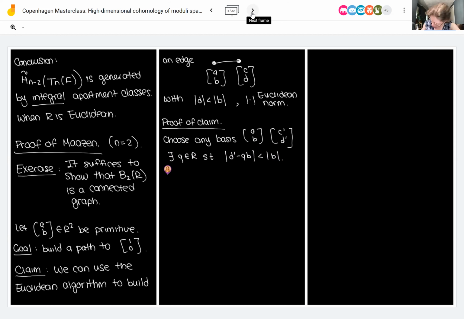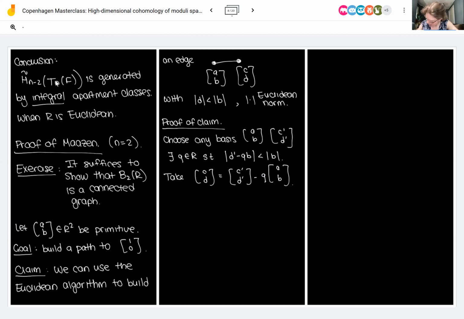And so then we can define our new vector (C, D) to be this difference, this linear combination. Okay, and it's an exercise that is not difficult to check that (A, B) and this new vector (C, D) still form a basis.